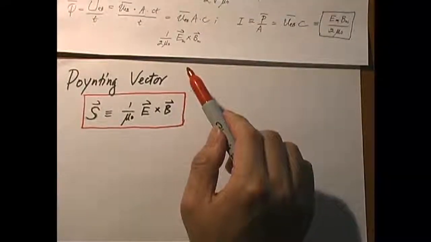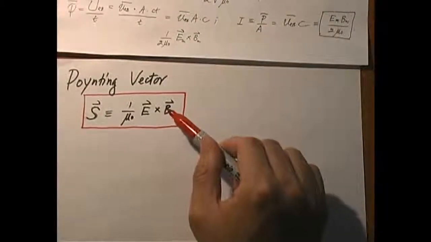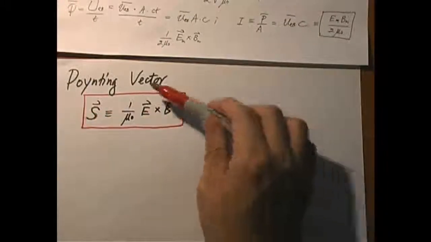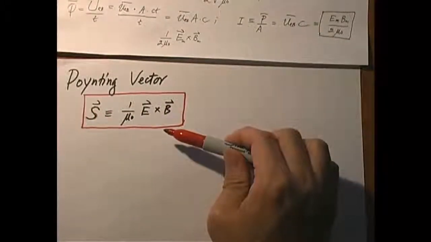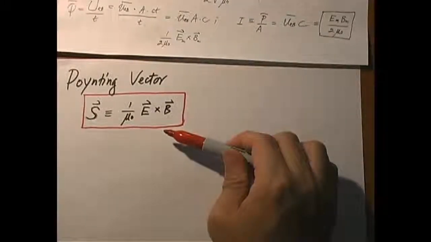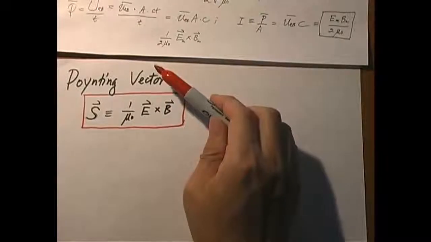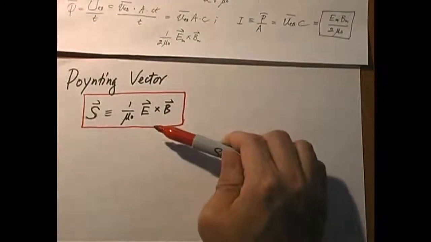But in the most general case, when you have the electric field E and the magnetic field B, this Poynting vector gives us the rate of energy flow per unit time, per unit cross-sectional area. You don't have to do the time averaging, so the 1/2 is not there. So that's some sort of instantaneous value.